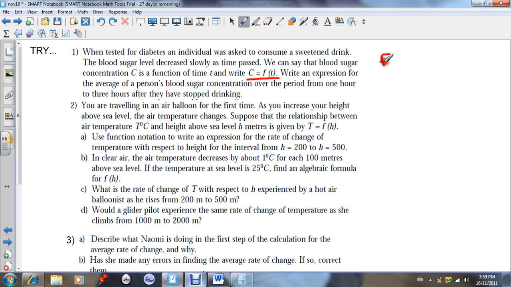So it's going to be f of 3 minus f of 1 all over 3 minus 1. Because you're finding the average rate of change from the value of your function at 3 hours to 1 hour, and all over this. So that's the average rate of change there.